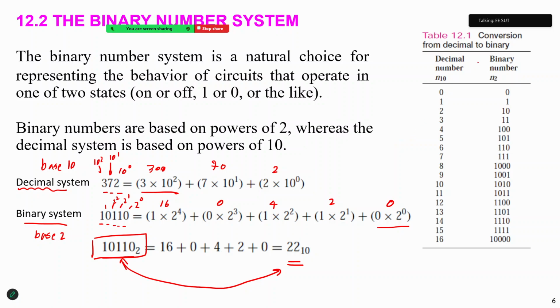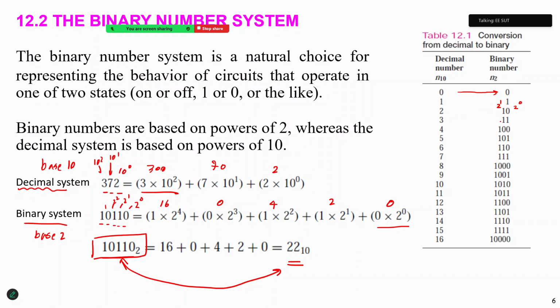So, for example, if we have the decimal numbers from 0 to 16, we can represent 0 with the binary number. 0 is 0, right? 1 is 1. 2 would be 1, 0, because this 0 is times 2 power 0, and this is times 2 power 1, so it represents the number 2.